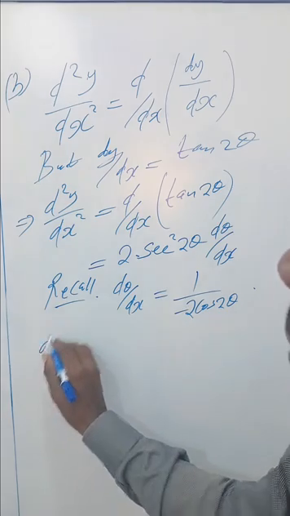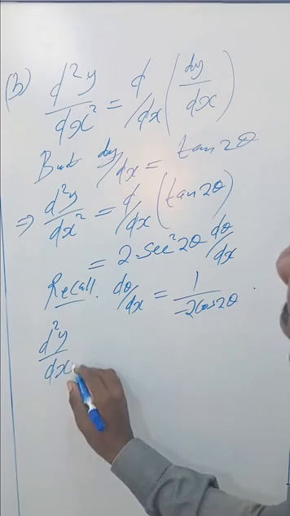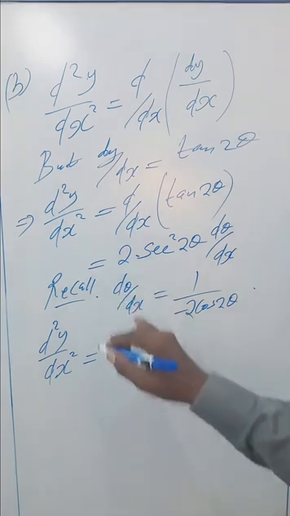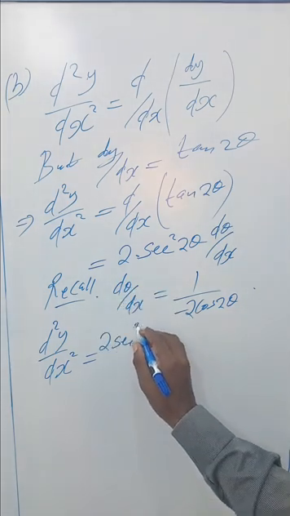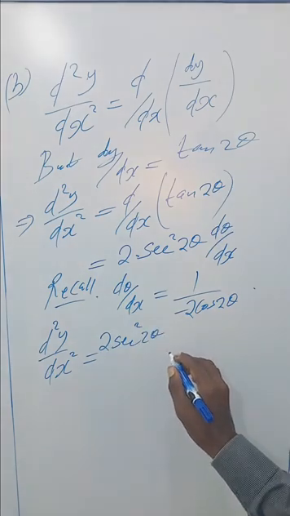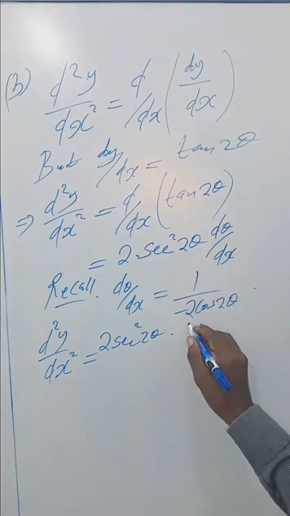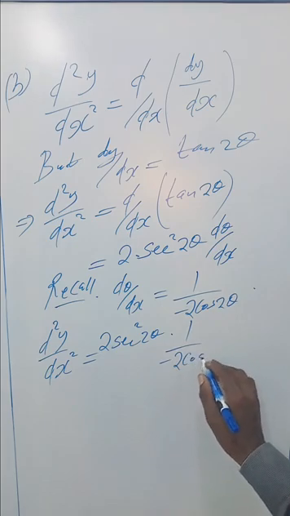So therefore, d squared y over dx squared will be equal to 2 times 2 sec squared 2 theta, where there is d theta/dx, we put 1 over negative 2 cos 2 theta.